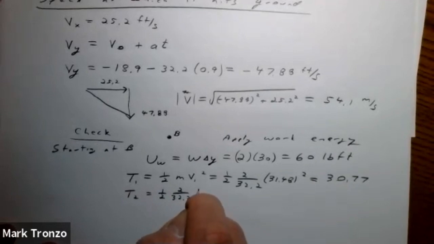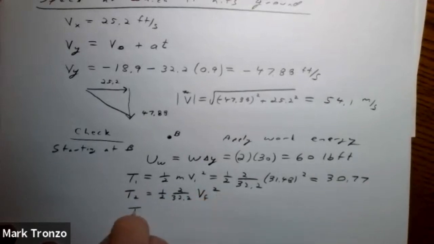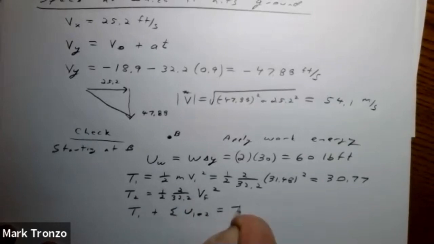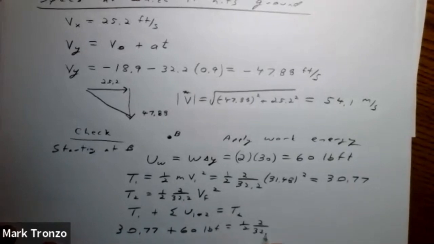And what was our final point? Call that V final squared. If we use T1 plus the summation of U1 to 2 equals T2, we get 30.77 plus our work, 60 pound-feet, equals 1/2 times 1/32.2 times our final velocity squared.